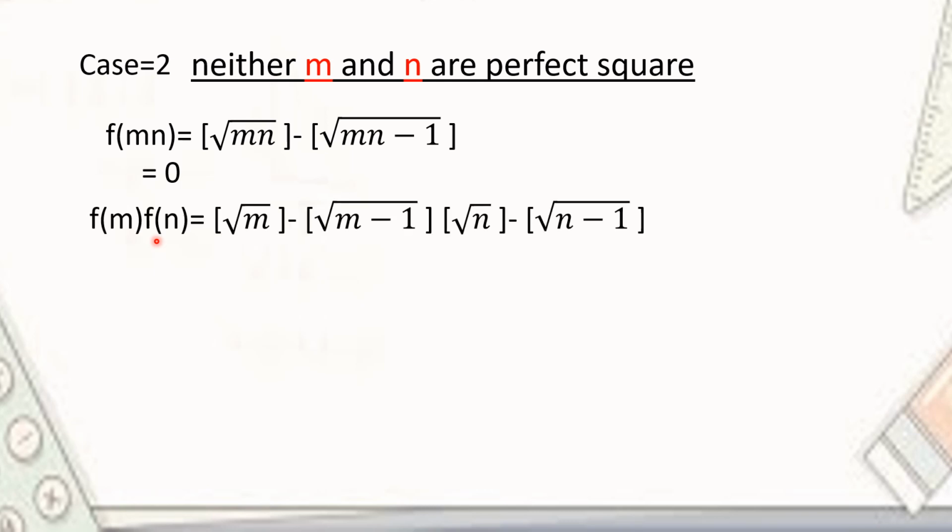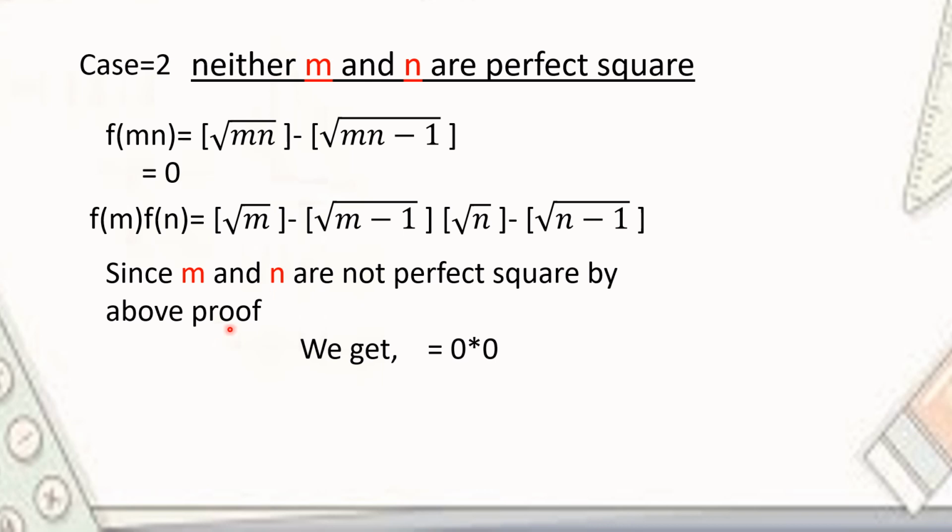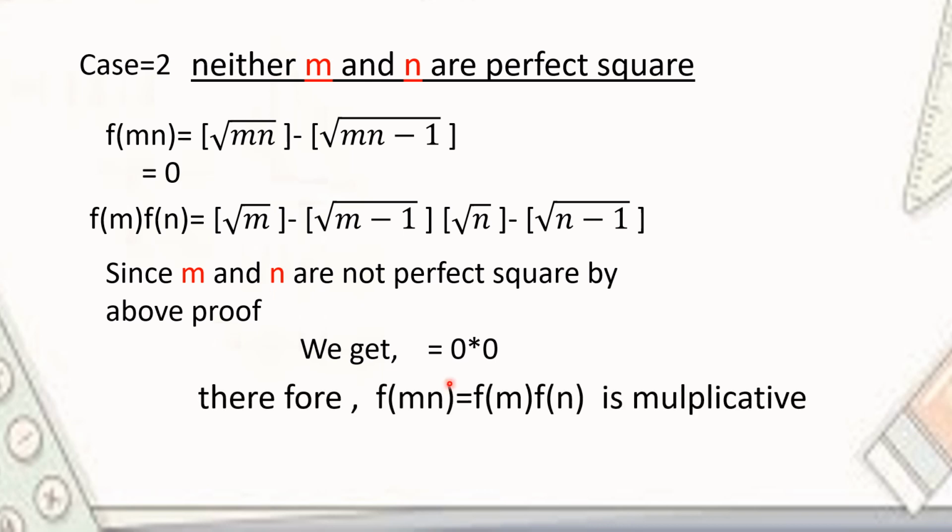Now we'll see f of m into f of n. We are going to use the same condition for this also. We define the function, and it is equated to 0. So we get 0 for this, since m and n are not perfect squares. By using the condition we can tell that f of mn is equal to f of m into f of n, so it is multiplicative.